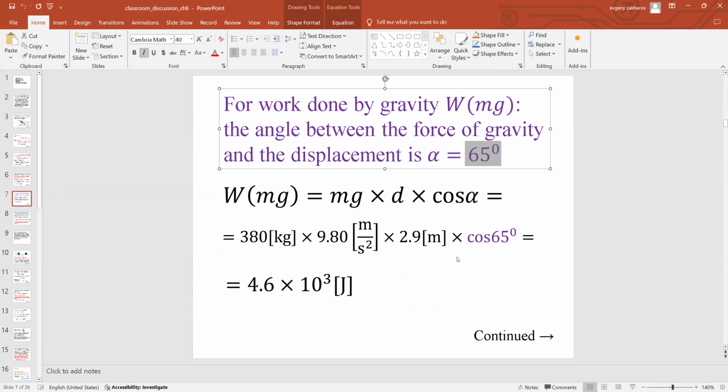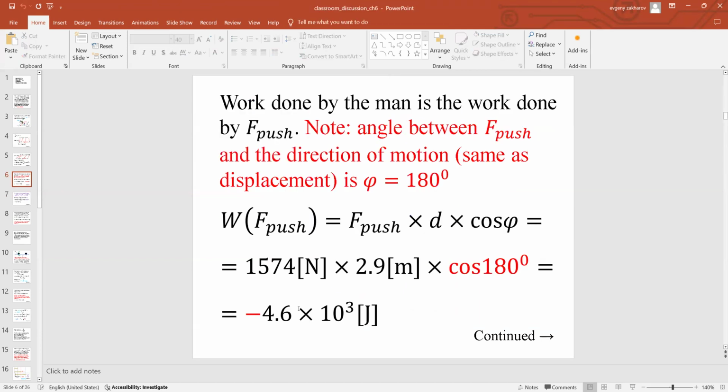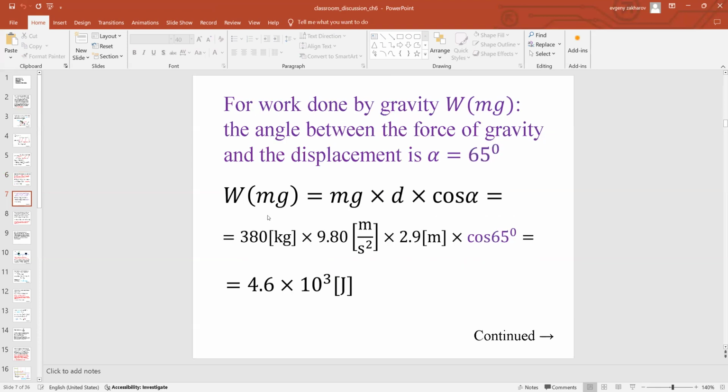I want to point out it's positive now. See, it was negative for the push or any friction force. Now for gravity, it turns out to be a positive one because it's the gravity that speeds up, that accelerates, trying to accelerate the piano downward. And acceleration means increase in kinetic energy. So you have an energy transfer to the piano through the force of gravity.